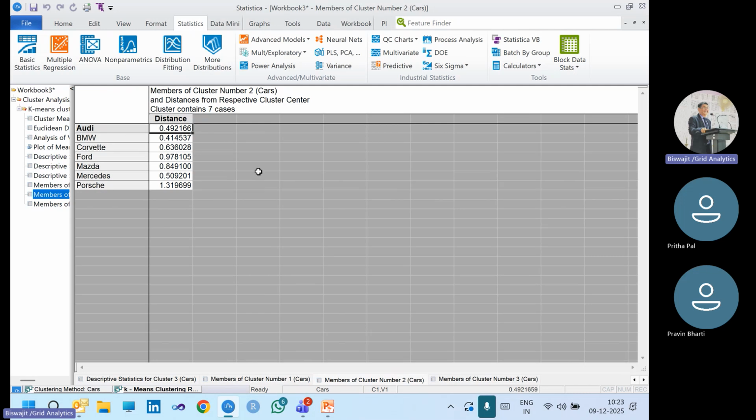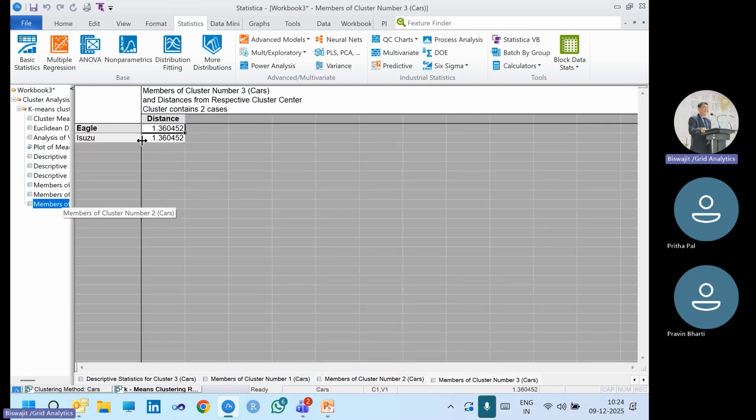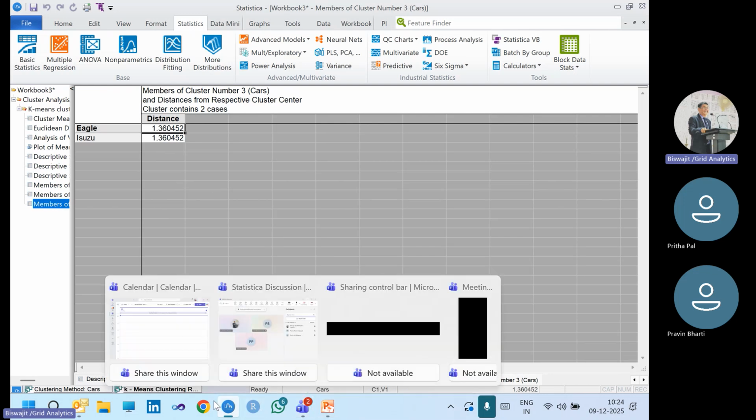Very well, we could figure it out from the mean graph: cluster 2, which is the highest in pricing, is the luxury car, right? Cluster 3, we see the Eagle and Isuzu. Eagle and Isuzu are the economy cars, because the price was the lowest.